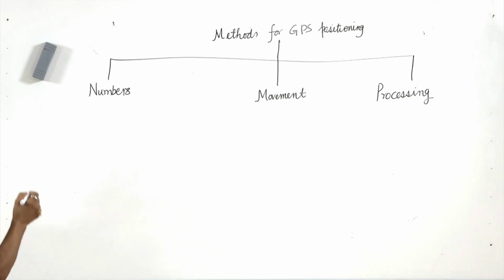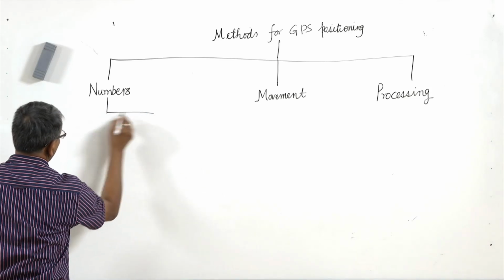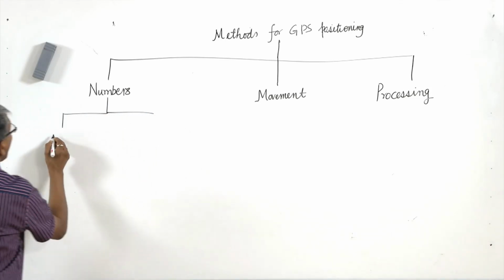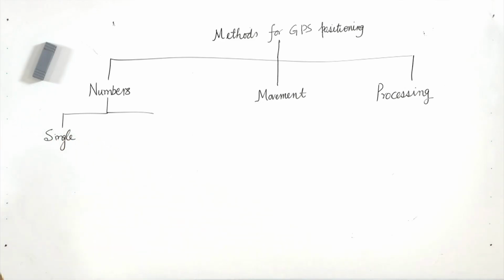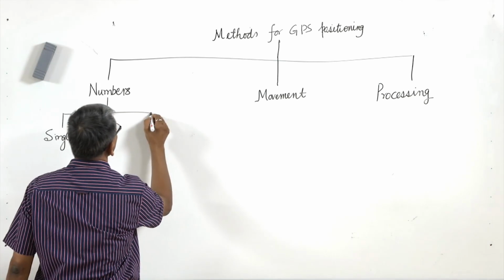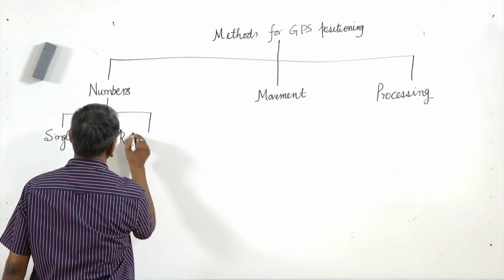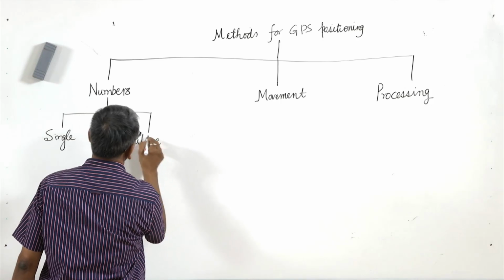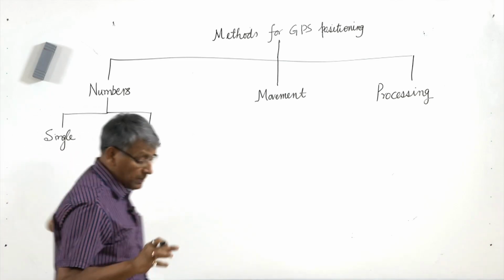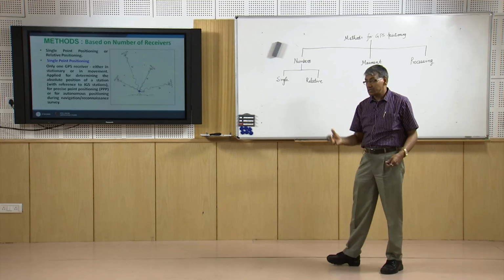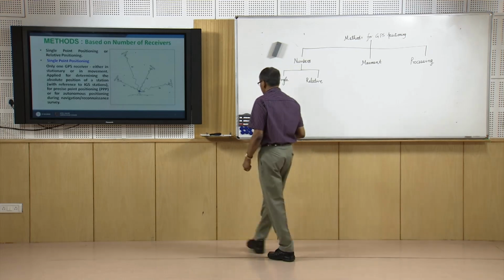Now, on the basis of the number of receivers, there are basically 2 types. One is that if we make use of a single receiver, that is called single point positioning or point positioning, and the other type is called relative positioning, where we use more than one, that means minimum 2, or it may be more than 2.